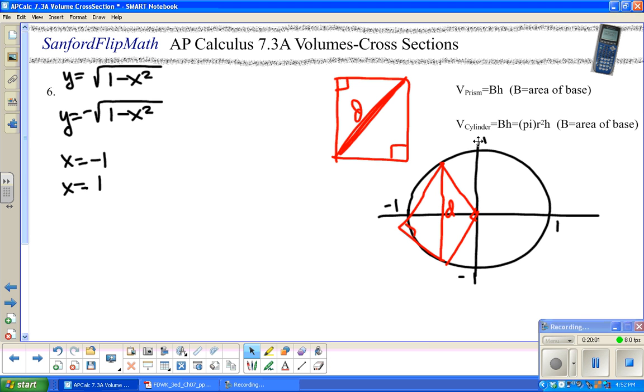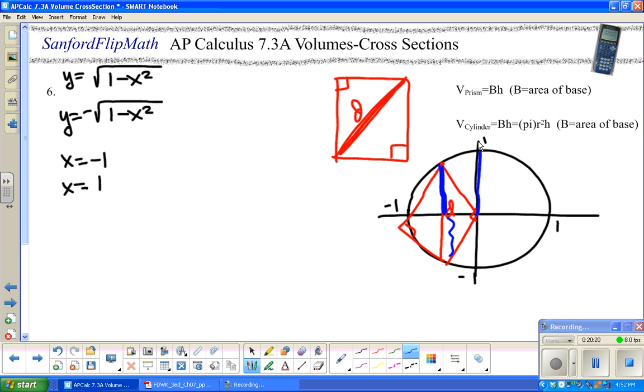Okay, now I guess the question is, how long is that diagonal? That's the first question. Well, it's from here to here, and then a mirror image of that down here. So it's twice whatever that is. Well, I would love to say it's 1, but it's not. It's only 1 right here.